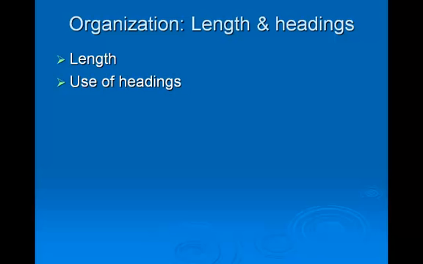For example, even within the introduction, sometimes you'll use headings, although the introduction itself doesn't have a main heading. It has the title of the paper at the beginning. But you might break up the introduction into separate sections with subheadings. So if you're writing a paper on something related to crisis intervention or trauma, you might have one part of the paper, a couple of paragraphs under the subheading early conceptualizations of trauma, where you give some historical background.